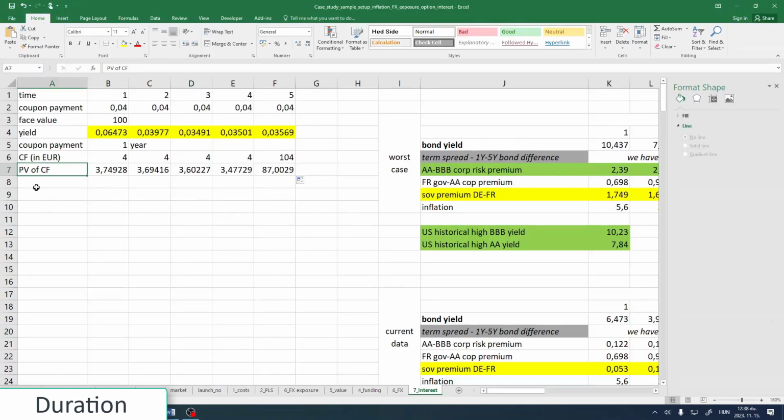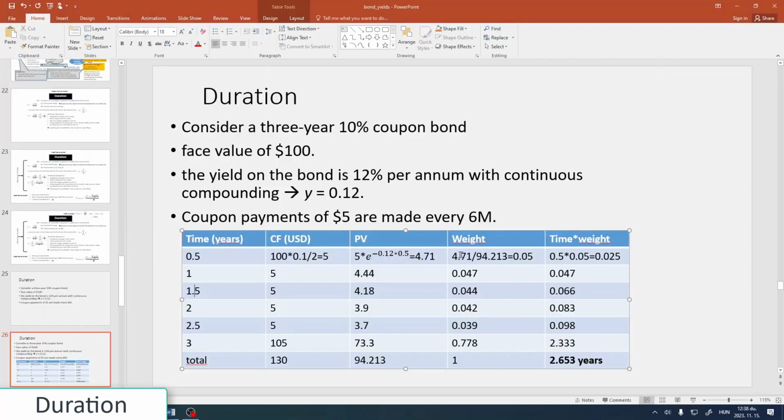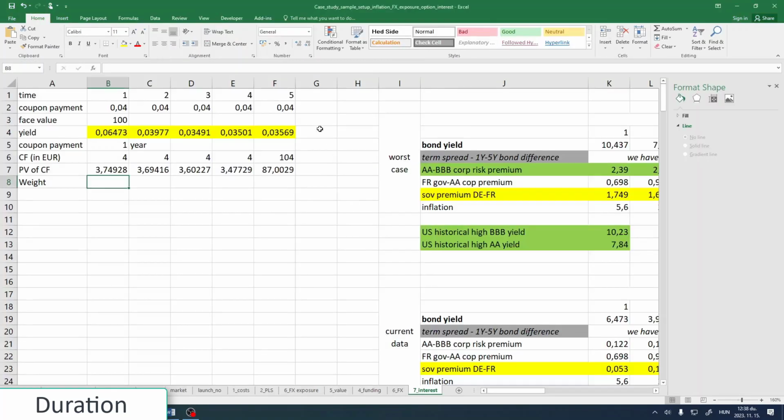Now we need the weight. In this case we have to say, what is the share of this kind of cash flow from the total? So sum.